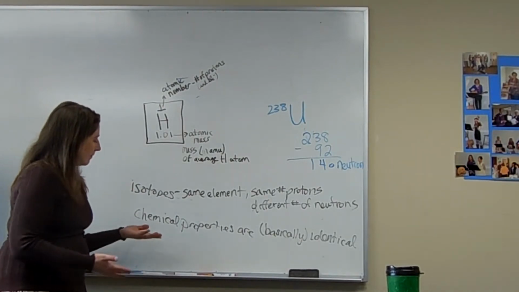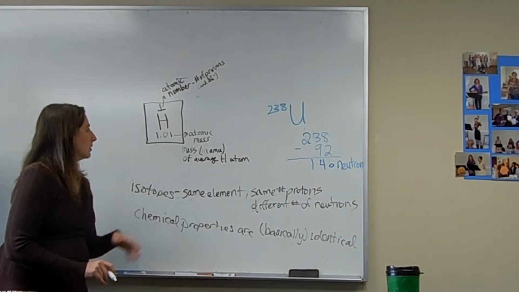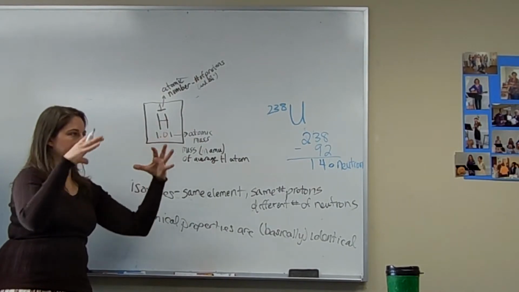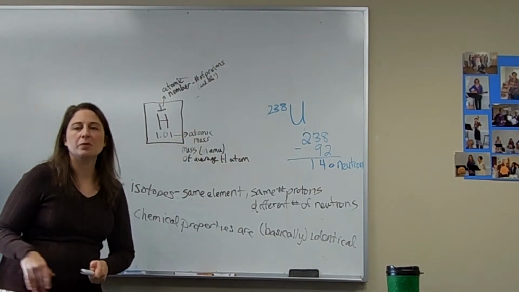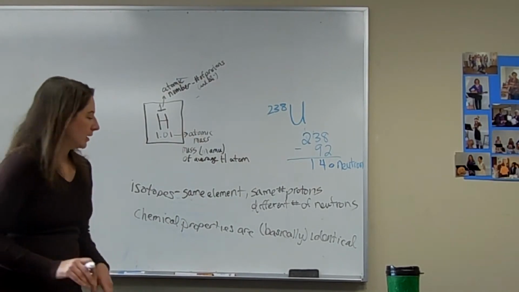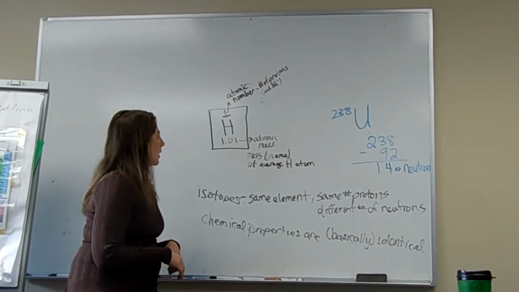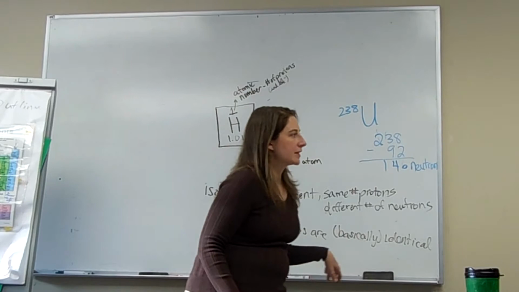But when you're working in the lab and you just have a big area of hydrogen gas, for example, it doesn't matter what isotope you have, they all behave exactly the same. And there are 3 isotopes of hydrogen, just different neutrons, same number of protons.